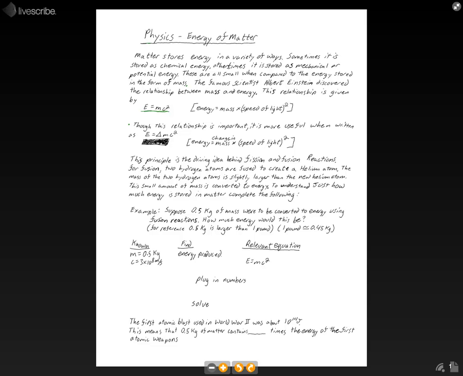For fusion, basically what you have is two hydrogen atoms being fused together to create a helium atom. The mass of the two hydrogen atoms happens to be just a tiny bit larger than the mass of the new helium atom. This tiny amount of mass during this reaction is converted into energy.